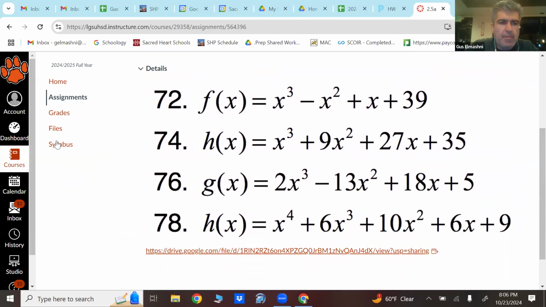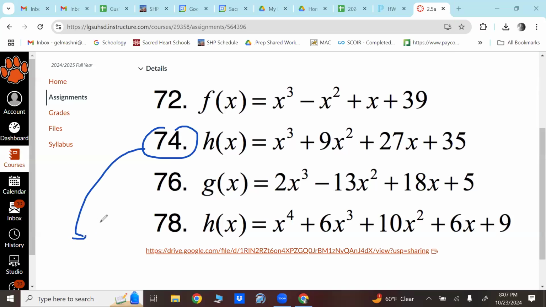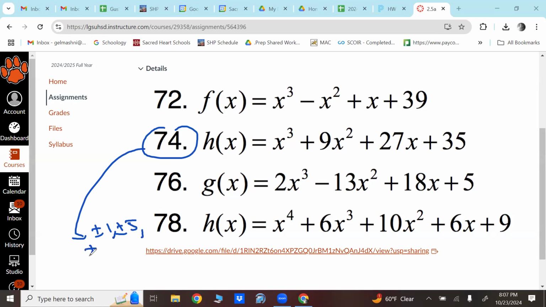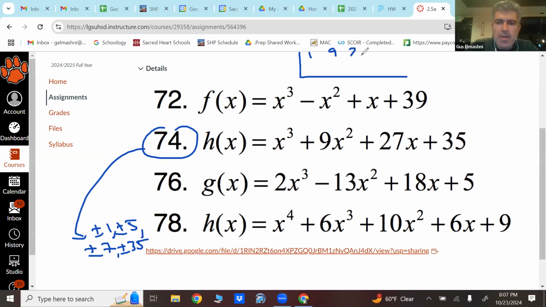What are the factors of 35? 1 and 35, and 5 and 7. Yeah, it's not that many, right? Now, interestingly, all these are positive numbers.